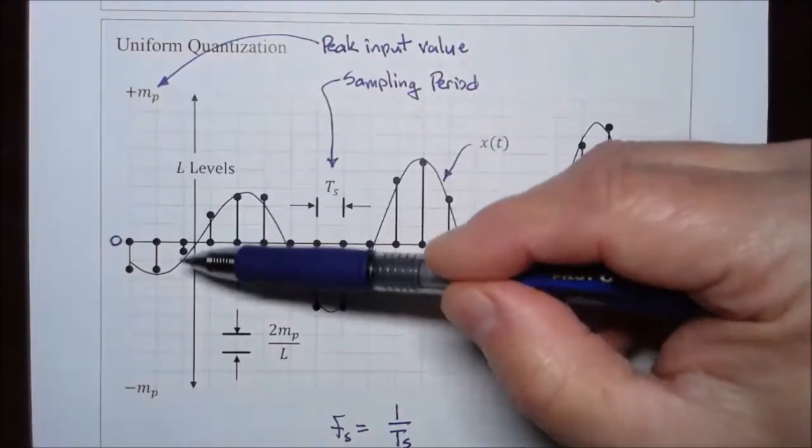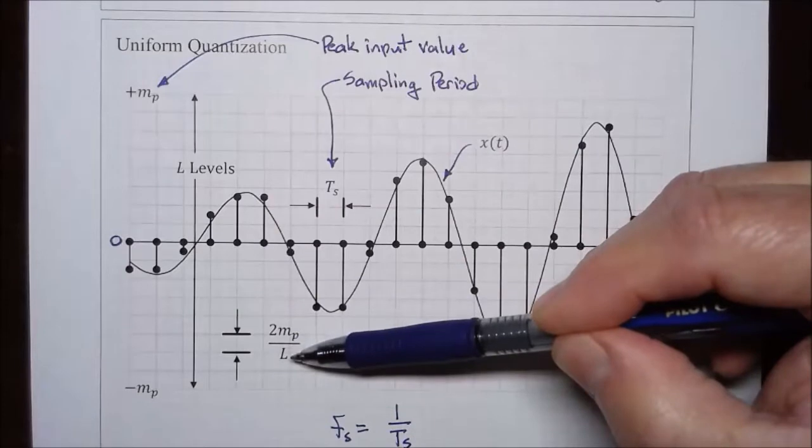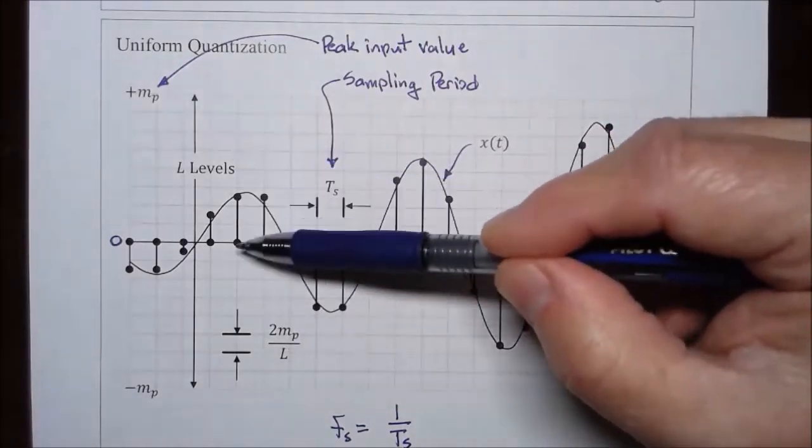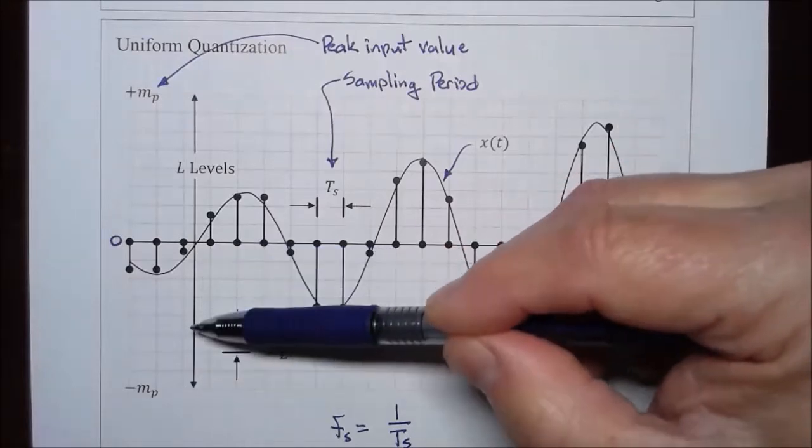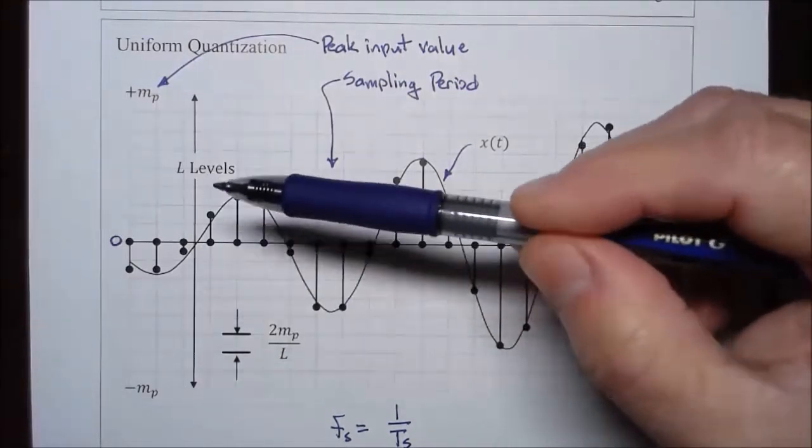This input range is divided into L equal levels. Each level has an equal height.